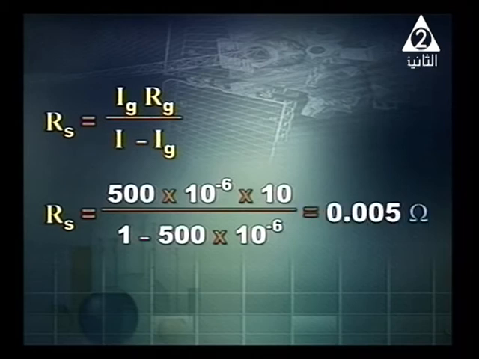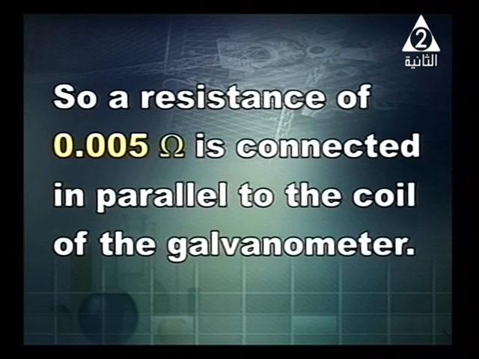The value of the shunt is equal to 0.005 ohm. So we have to add something very important here. We should mention the way the resistance should be connected to the coil of the galvanometer. So a resistance of 0.005 ohm is connected in parallel to the coil of the galvanometer.